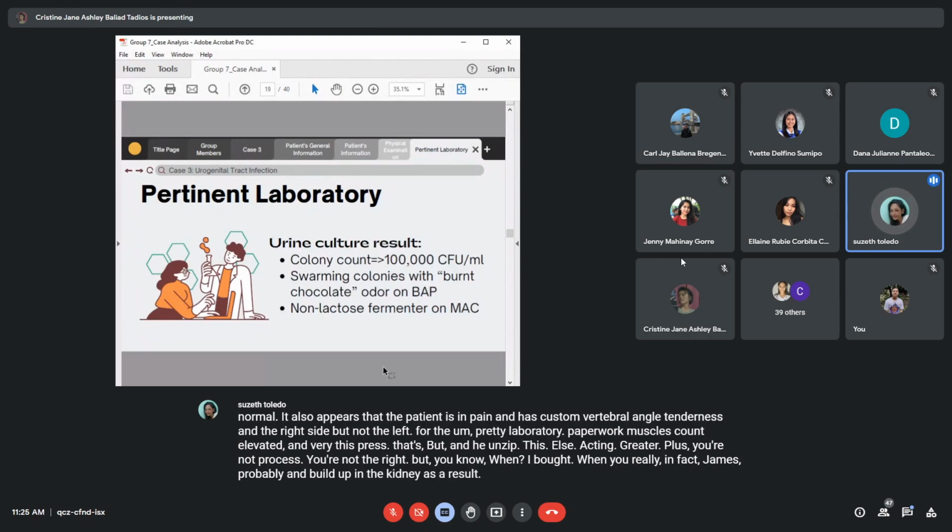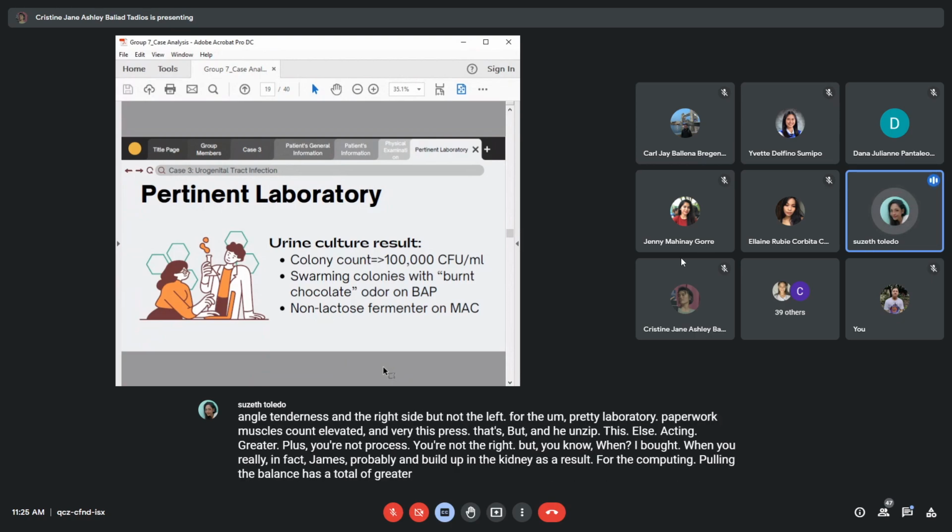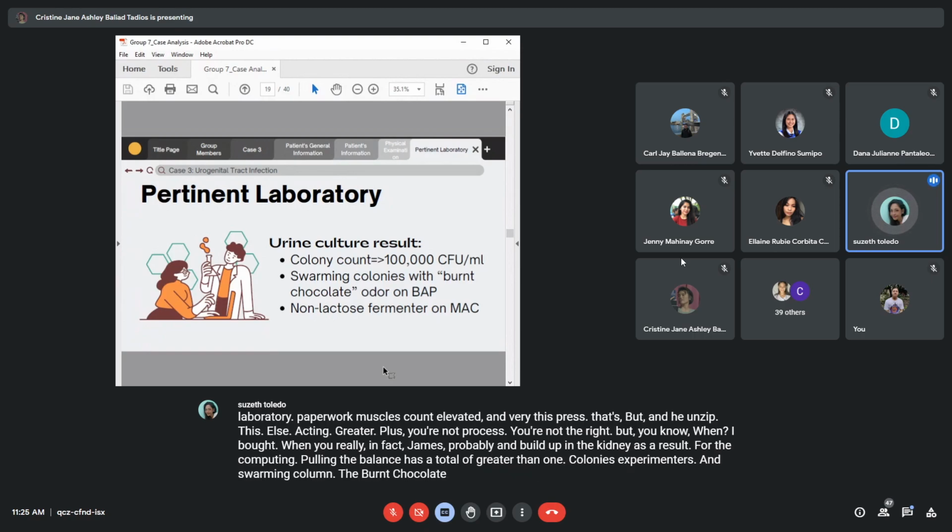For the result of the urine culture, the colony count has a total of greater than 100 colonies per milliliter, with swarming colonies with a burnt chocolate odor on blood agar plate and non-lactose fermenters on MacConkey.